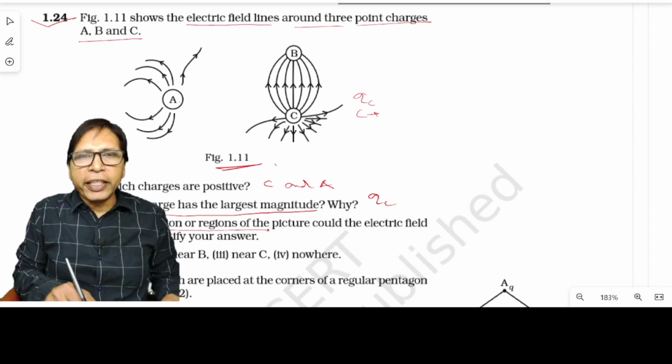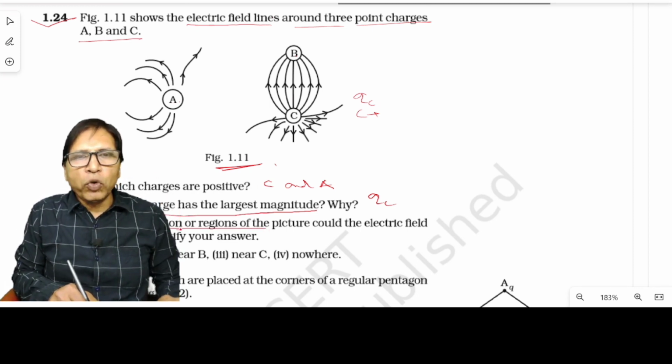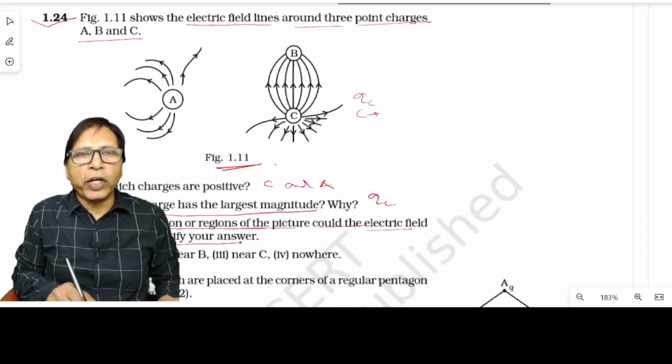Now, in which region or regions of the picture would the electric field be 0? Justify your answer.